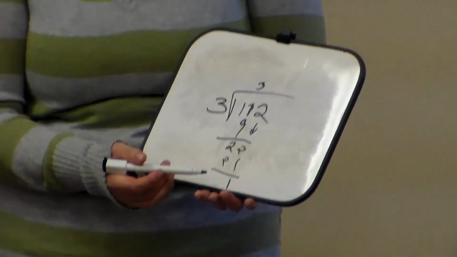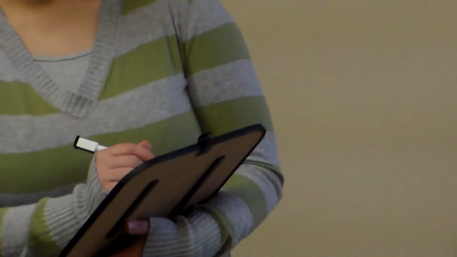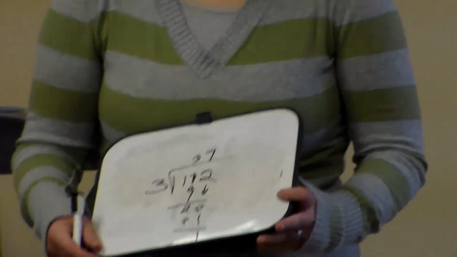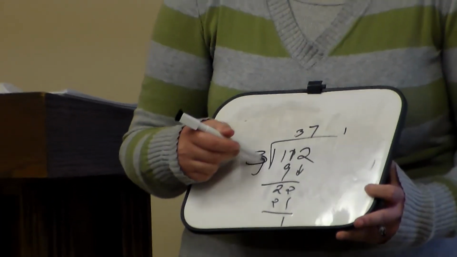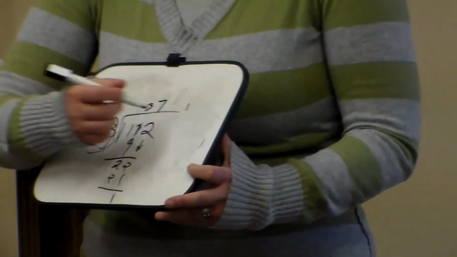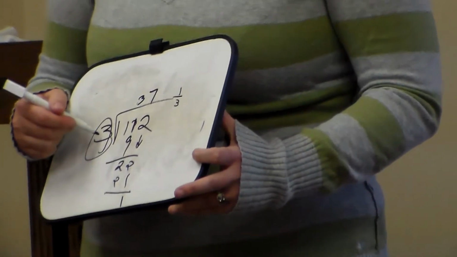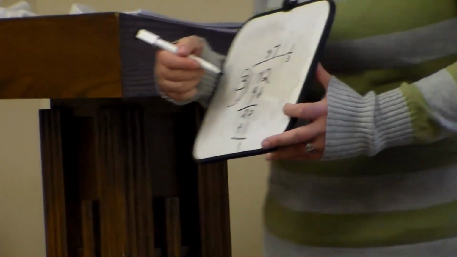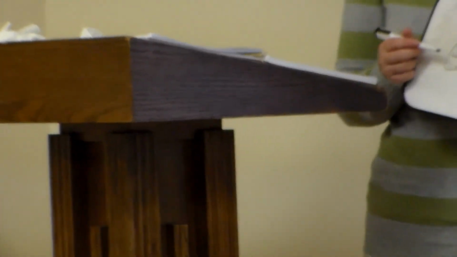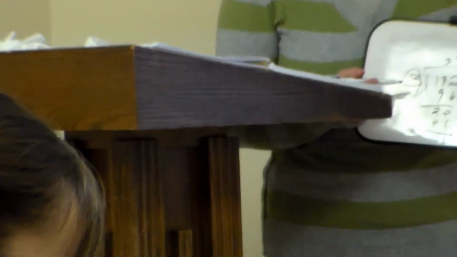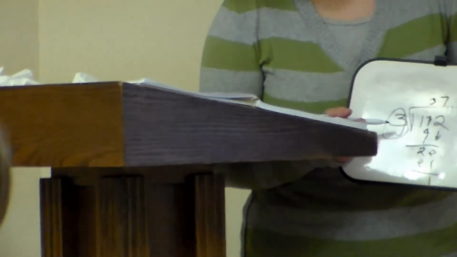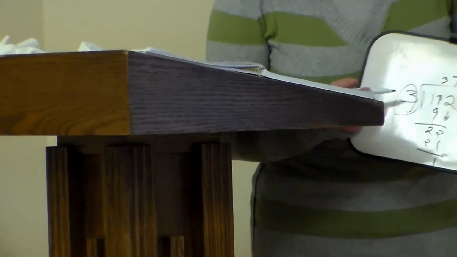So I have a remainder of 1. Oops, I didn't put my 7 up here. So this remainder is going to go up here, and here is my denominator. This number over here is always going to be your denominator, unless you can reduce it, which it doesn't look like you guys have to worry about that.